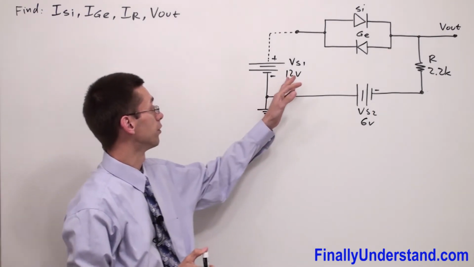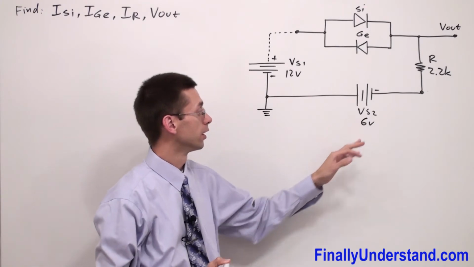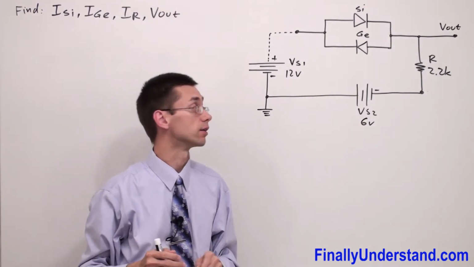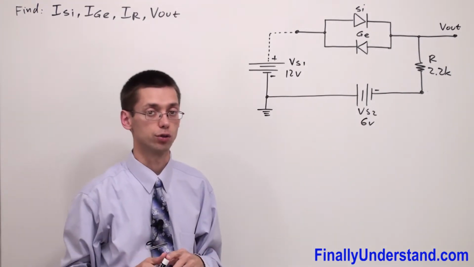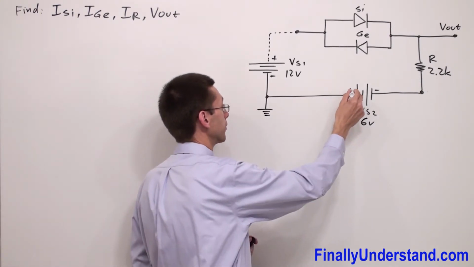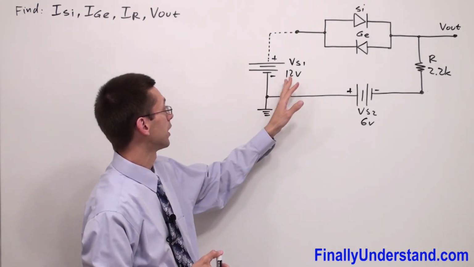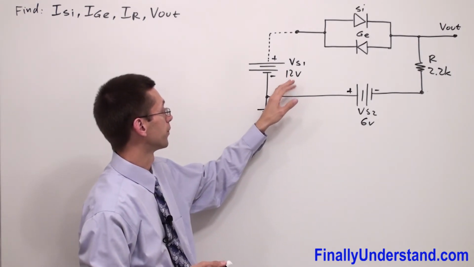We have 12 volts and I have 6 volts over here, okay? You have to always look at the strongest voltage source, and you're supposed to also look at the polarities of the voltage sources.